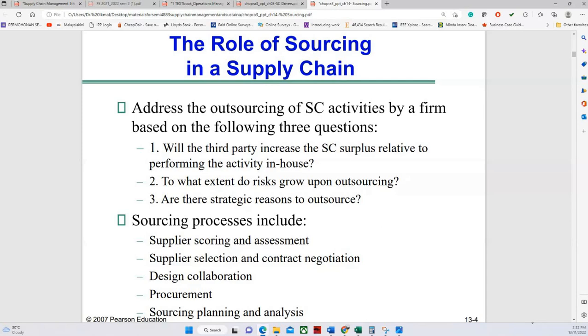Number one, will the third party increase the supply chain surplus relative to performing the activity in-house? Are they going to increase the supply chain surplus?